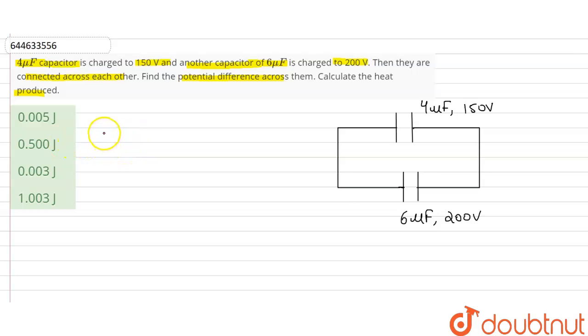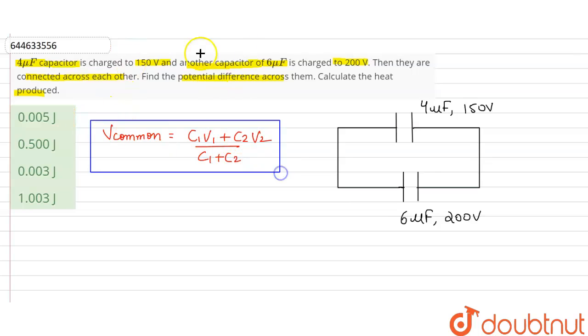So if we find the V common on both the capacitors, that is (C1V1 + C2V2) divided by (C1 + C2). This is our formula for calculation of the V common on the capacitor.